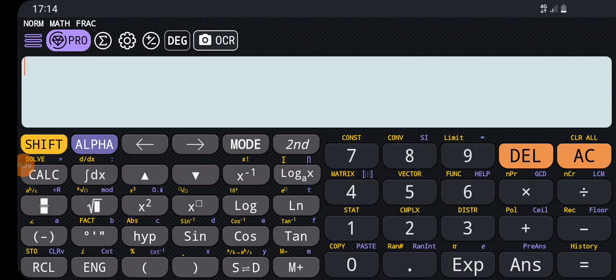Before we learn these new things about factorials, here's our first equation. We have 94 to the power of 30 million.